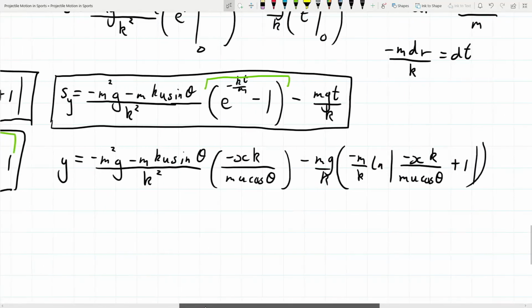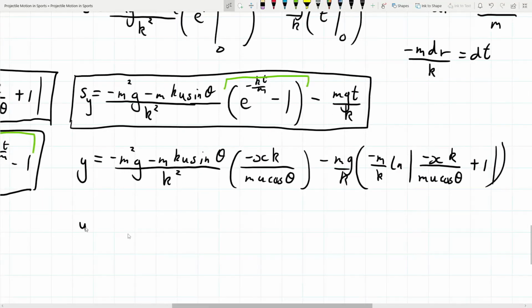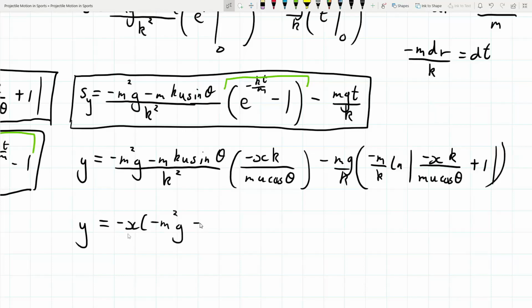So there's a lot of simplification to do. We get y equals, okay, so the k and the k squared are going to cancel to give us just a k on the denominator. So we're going to get minus x multiplied by minus m squared g minus mku sine theta, all over just k mu cos theta, because the k and the k squared and the k are just going to cancel.